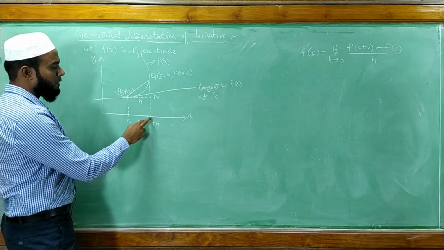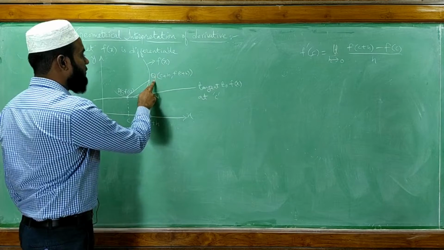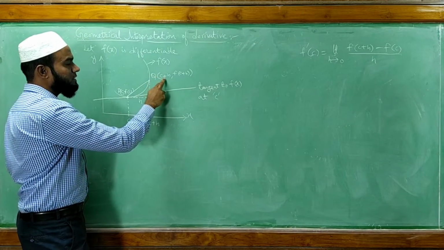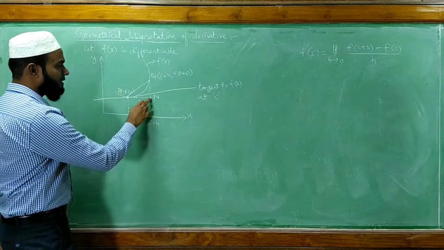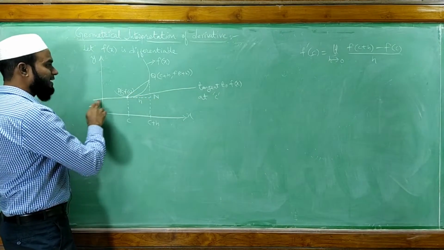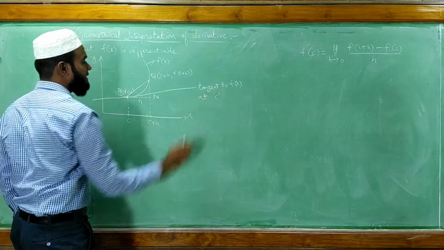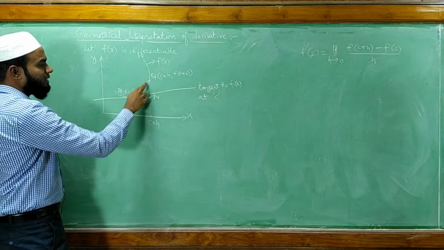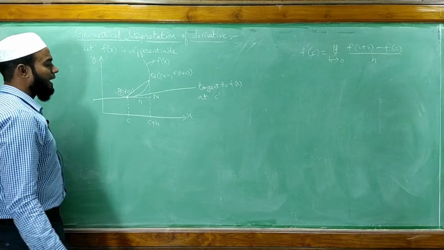Then corresponding to this point, there will be a point on the graph of function f of x, which is given by Q, which is c plus h and f of c plus h. I am connecting this and considering this point to be N. I am considering the tangent here at the point P, which is the tangent to f of x at c, and also I am joining these 2 points P and Q, right?